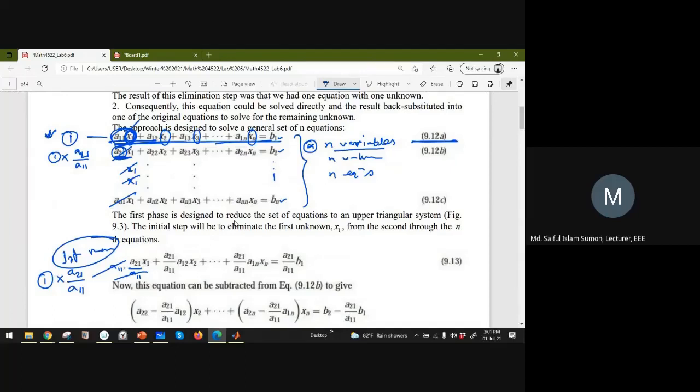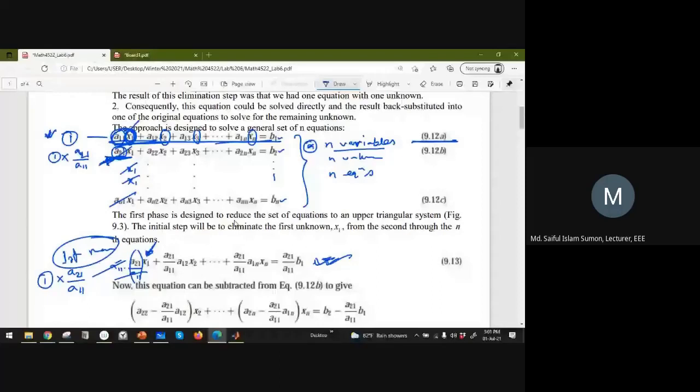You can see that a11 was already there, they will be cancelled out, and ultimately a21 will be remaining. Equation number 1 will be modified to something like this, where the coefficient of x1 has become the same as equation number 2.